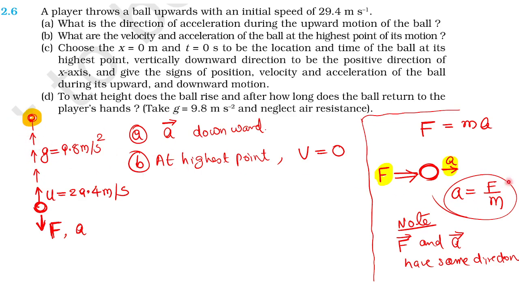Whenever there is force, there will be acceleration. So the body still has acceleration, 9.8 meter per second square downward, at the highest point.